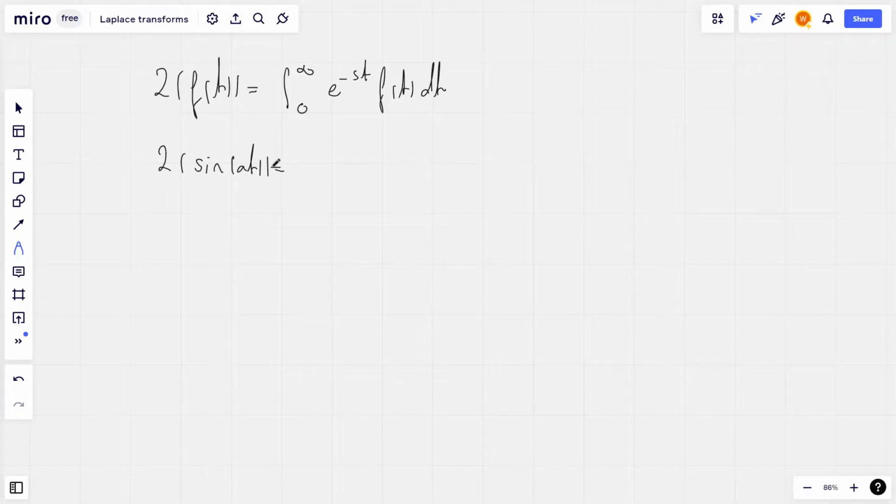we have the integral from 0 to infinity of e to the minus st multiplied by sine of at dt. So the simplest method is going by parts.